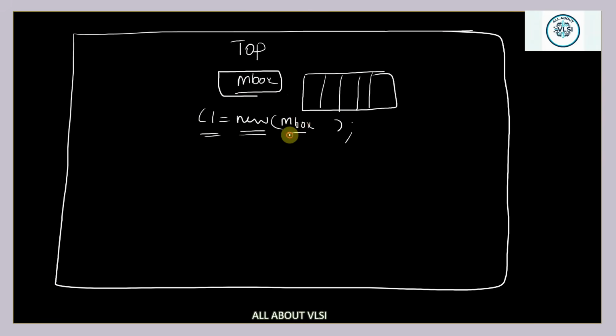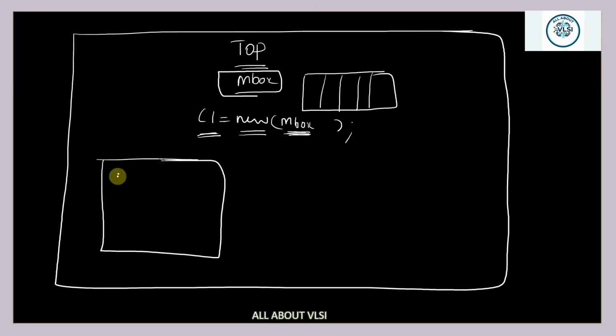We have already created the mailbox instance in the top. So that particular instance, I'm going to pass it to my C1. So C1 also has an internally declared mailbox handle, but not the instance. It is just having the handle of the mailbox.